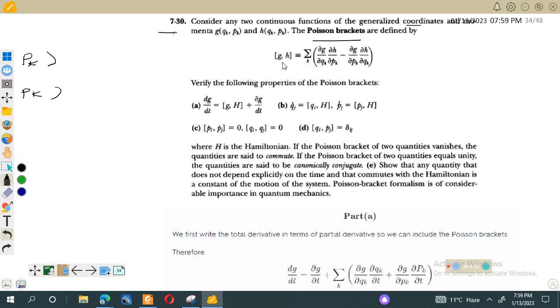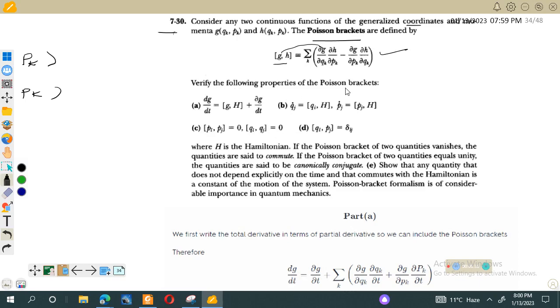The bracket of g and h, the commutator of g and h, is equal to the sum over k of partial g over partial q_k times partial h over partial p_k, minus partial g over partial p_k times partial h over partial q_k. This is the definition of the Poisson bracket.